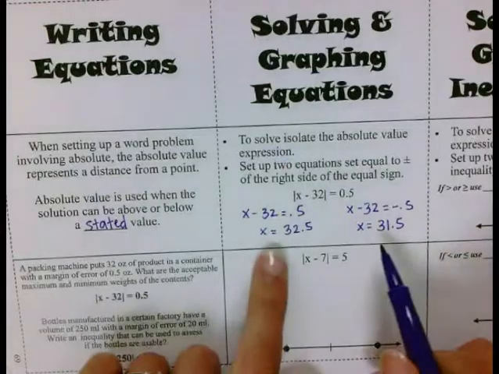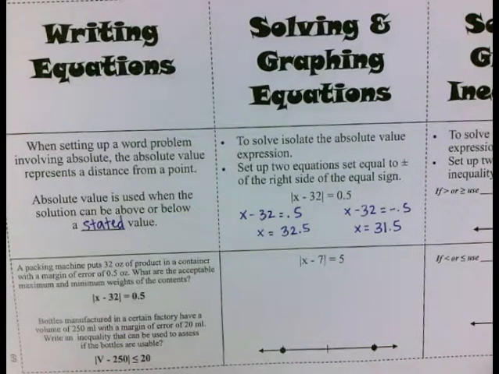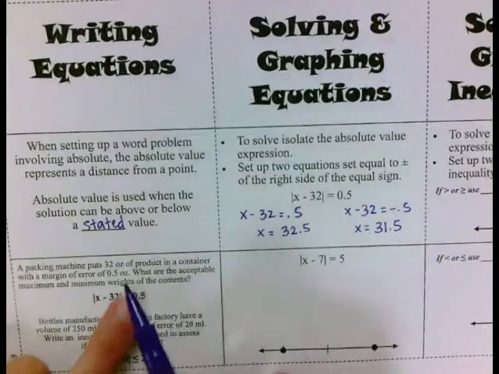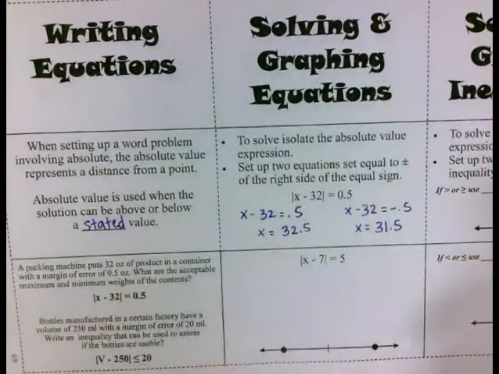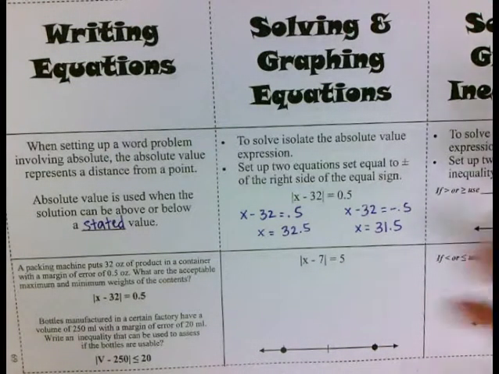And that is basically your range in which the volume of the product is going to be in each container, because there is a margin of error in each container.